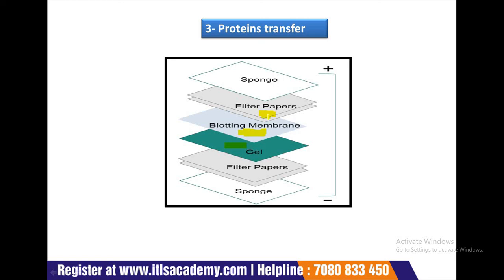The transfer sandwich is created as follows: a fiber pad, called a sponge, on the upper side, then filter paper, then the gel, then the blotting membrane, and filter paper again, then again a sponge. This is the protein transfer membrane we use in this procedure.